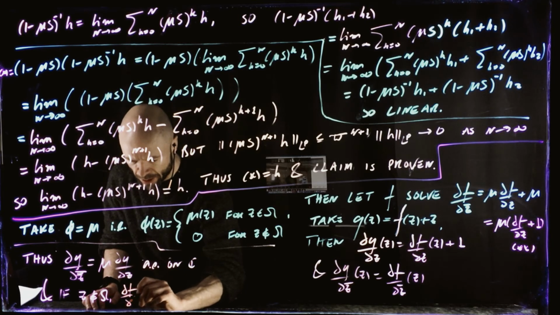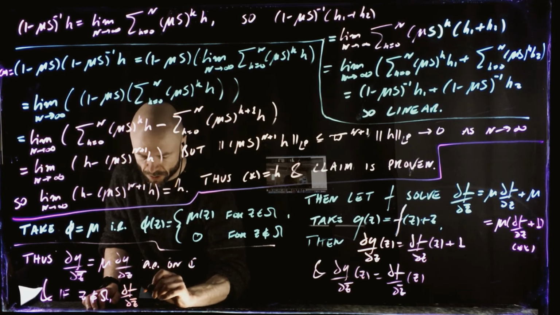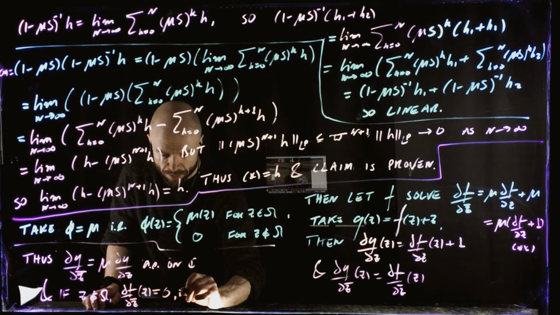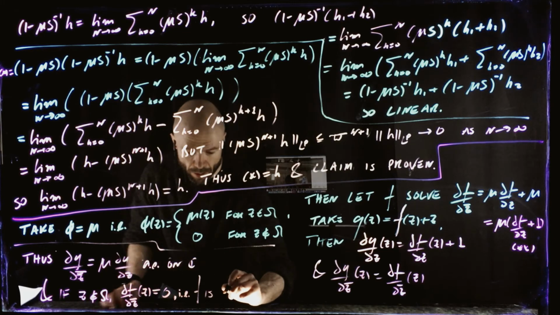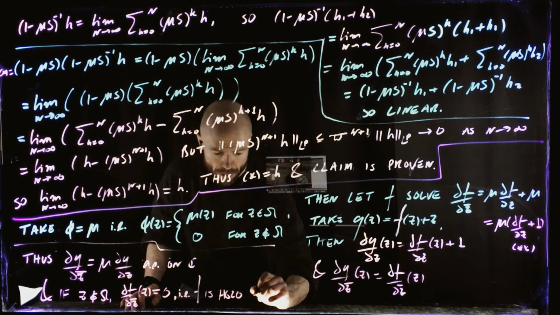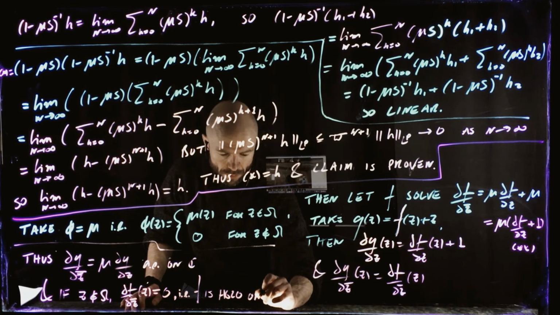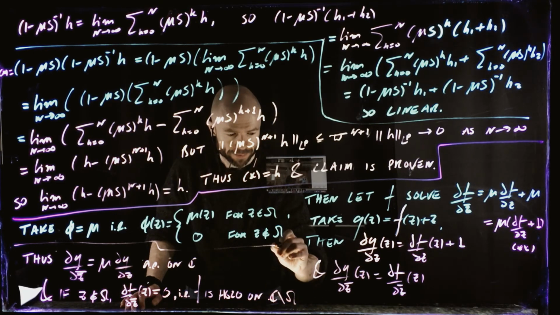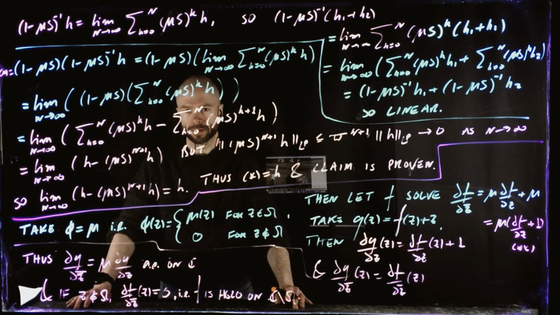The df by dz bar at z is equal to 0, i.e. f is holomorphic on the entire complex plane, take away our set omega. That's what we know. Everybody happy?